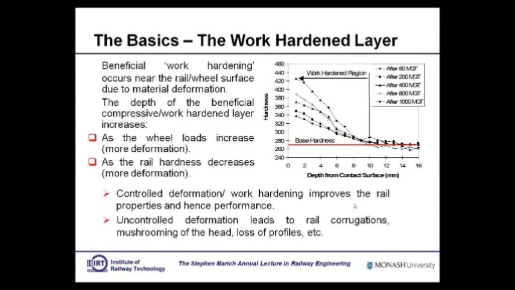It started off at a hardness of about 270. This is the base hardness. And you can see that over time, that hardness actually increased. And that work hardened zone is about 8 to 10 millimeters deep. So there's your precious material. That's worth a heck of a lot of money, if you can control that.